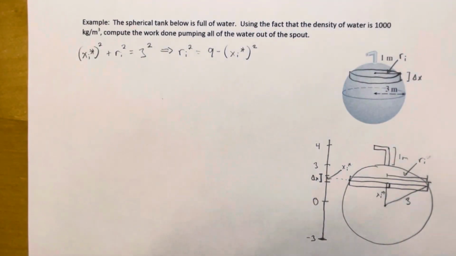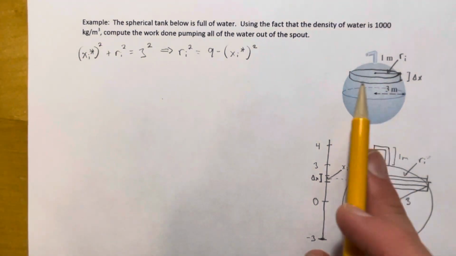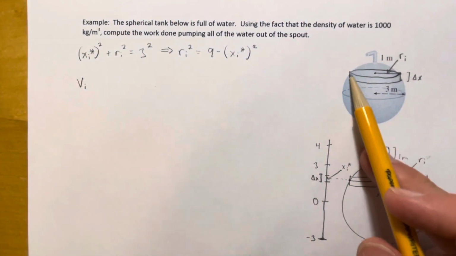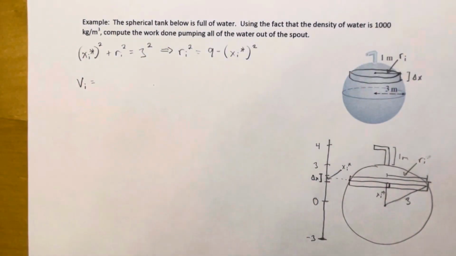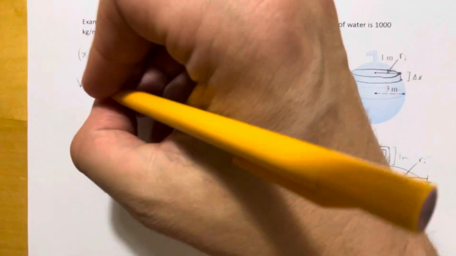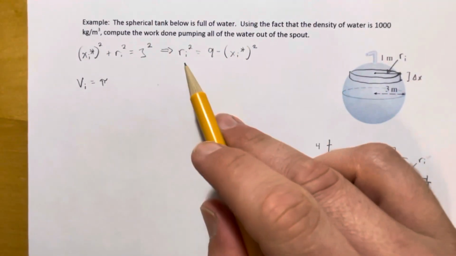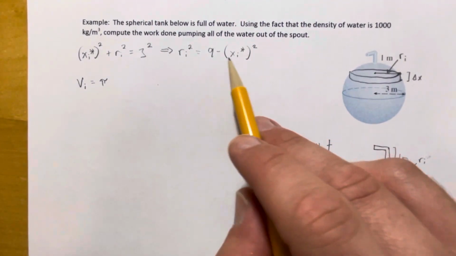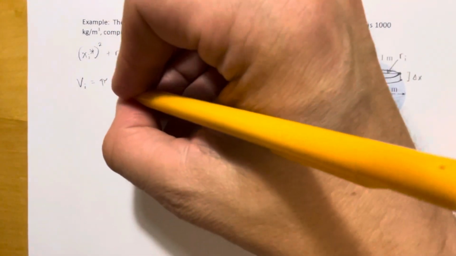Pretty easy. All right, now, how do I find the volume of this cylindrical slice? Let's call that Vi, because it's going to correspond to the ith subinterval that we chose here. The volume of a cylinder is pi r squared h. Pi r squared, or in this case, Ri squared, is given in terms of this little formula, this little piece right here.